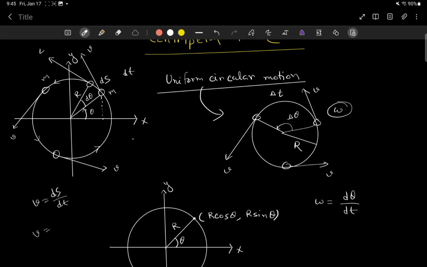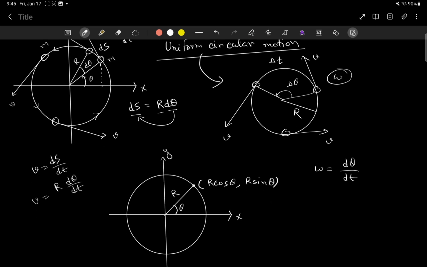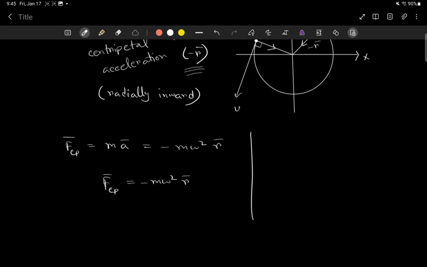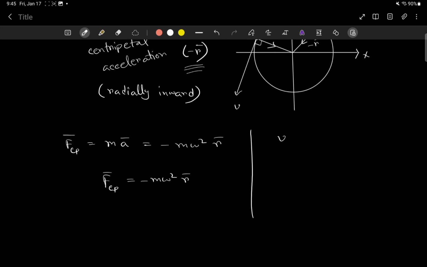We know ds is the arc length, so ds is equal to r d theta, because this is the radius and this is the angle it makes. So this is r d theta/dt, and d theta/dt we already know as the angular speed, omega. So v is equal to r omega. So we can replace omega with v divided by r.